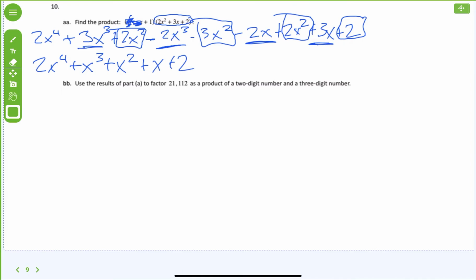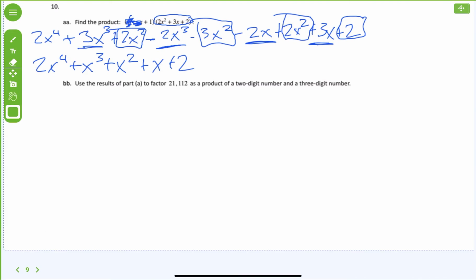Now, 10BB says, use the results of part A to factor 21,112 as a product of a 2-digit number and a 3-digit number. Okay, I think it's supposed to be 21,112 as a product.